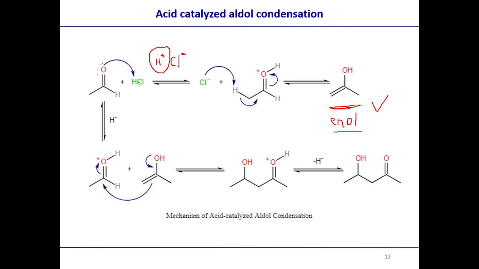So chlorine will extract this H to make HCl, and again you will get the aldol condensation product. The charge of reactant and charge of product will be the same. It will not change after the reaction. Charge should be maintained. So this is the acid catalyzed aldol condensation reaction.